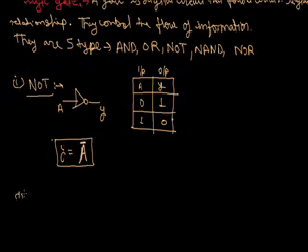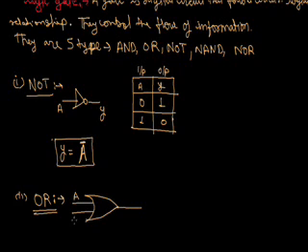Now next is OR gate, with inputs A, B and output Y. The truth table is like that.